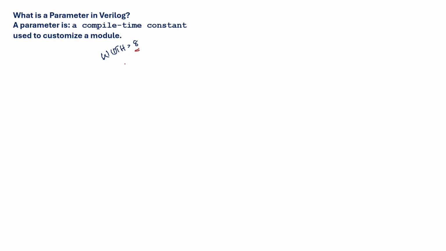Suppose this is my module, some half adder or full adder you can take. In that full adder, each and every variable is 3 bits. 3 bits means 2 power 3, which is 8, right?